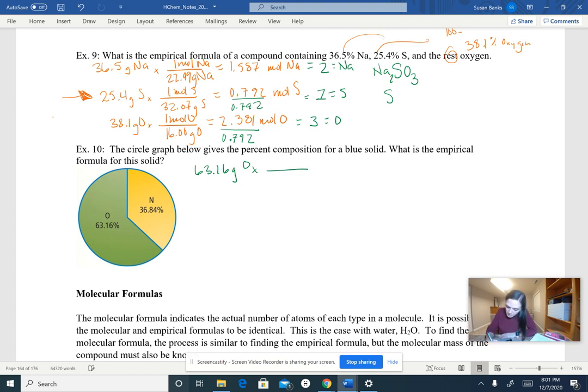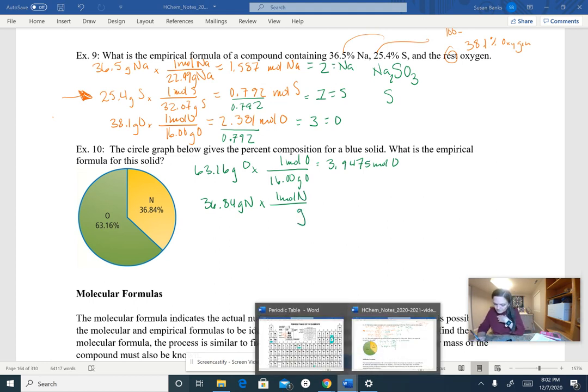And if you remember from our previous example, we had 16 grams of oxygen in 1 mole of oxygen. So we're going to take 63.16 and divide it by 16. So this gives me 3.9475 moles of oxygen. Okay, and I'm going to do the same thing for nitrogen. I've got 36.84 grams of nitrogen. And in 1 mole of nitrogen, how many grams do we have?